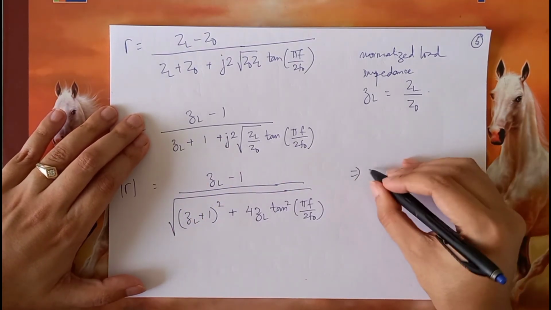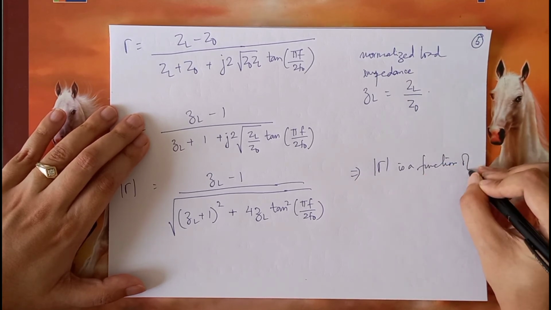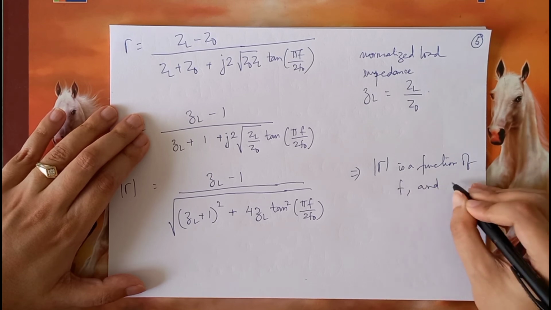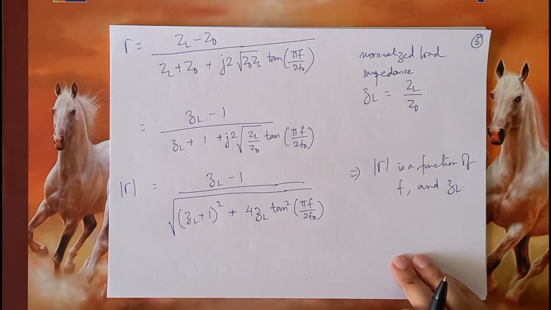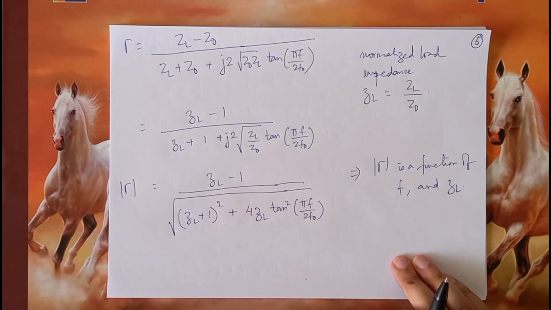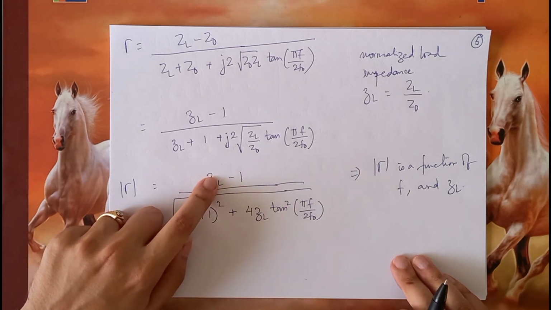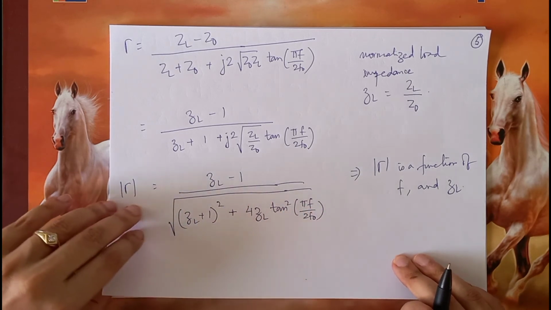So therefore, this implies that mod gamma is a function of f and the normalized load impedance small zl. So what we will do first is we will fix some value of zl, then see how mod gamma is changing as a function of frequency. And then again we will take some other value of zl and see how this quantity is changing with frequency. So therefore, let us do this.